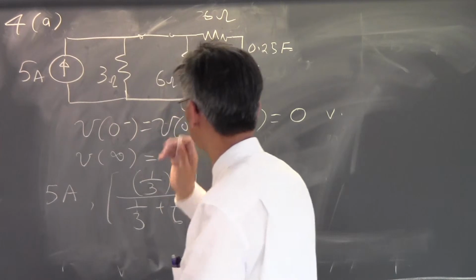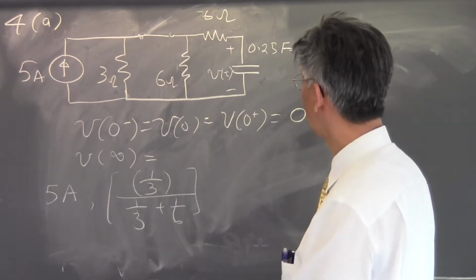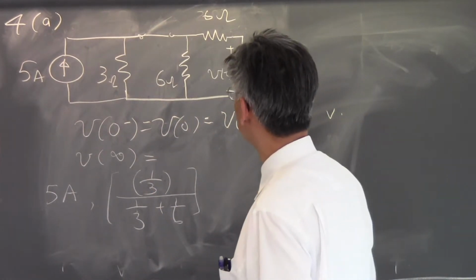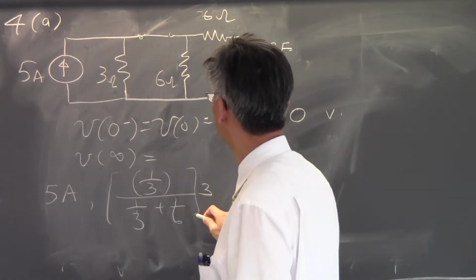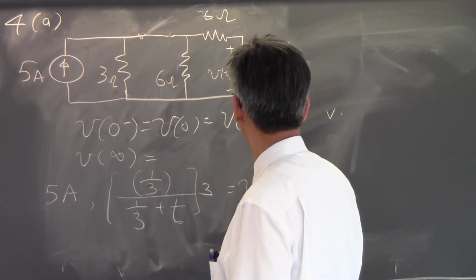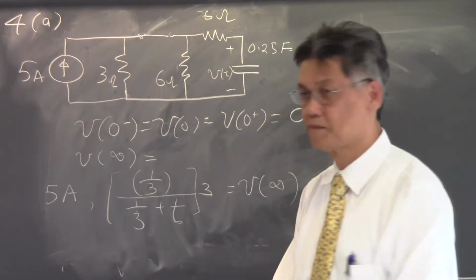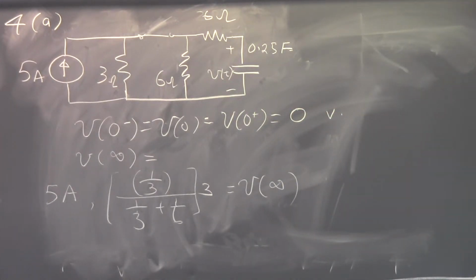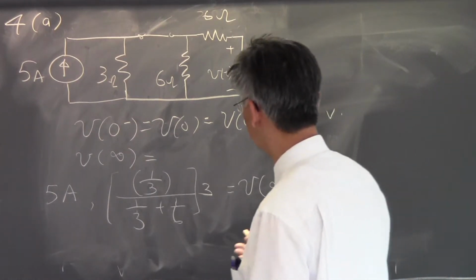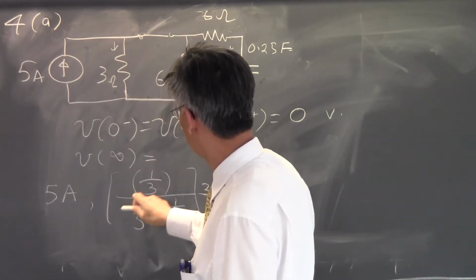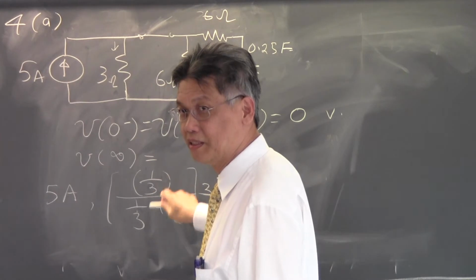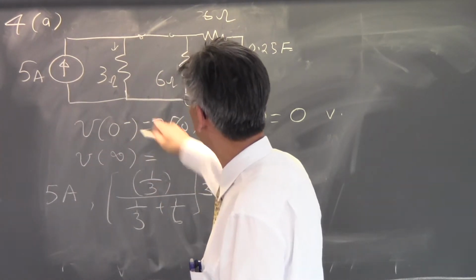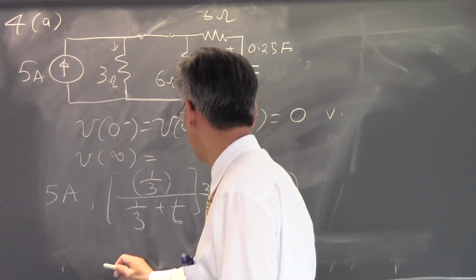This is the current that goes through the 3 ohm resistor, and then times the 3 ohms is V of infinity. Because you can calculate the current through either of the 2 branches and let that be the voltage at infinity, right? You find this current using the current divider formula, and then multiply by the resistance.